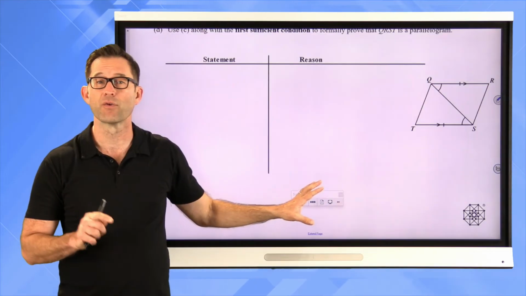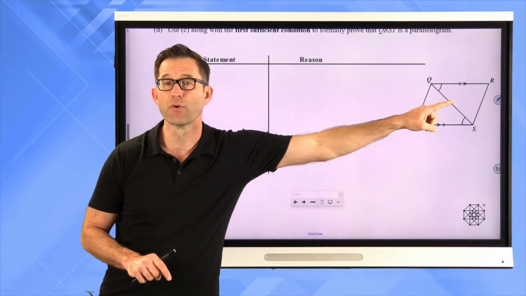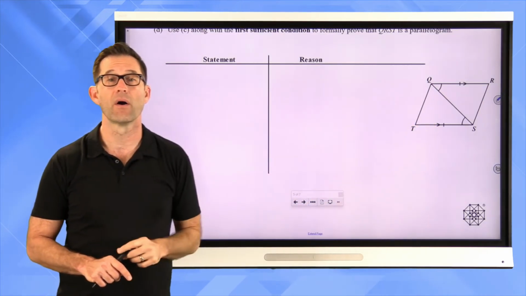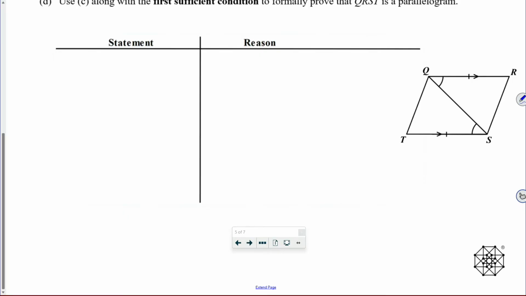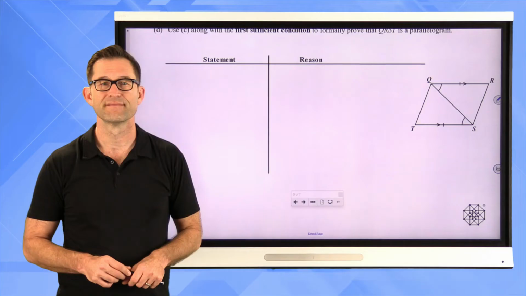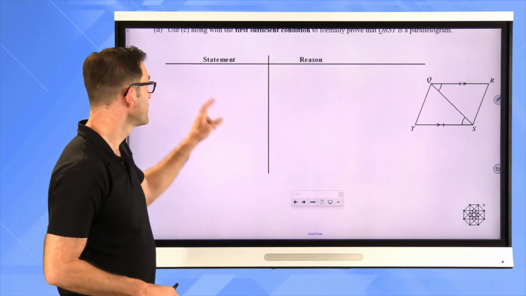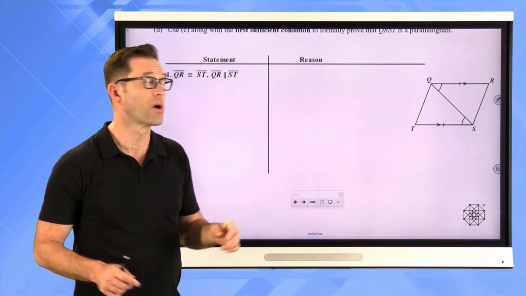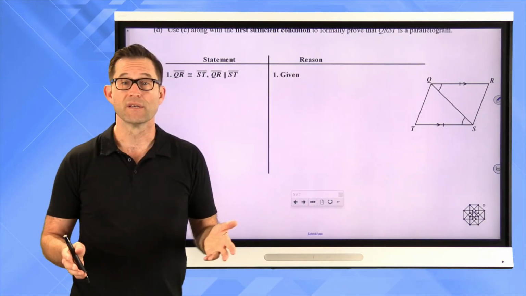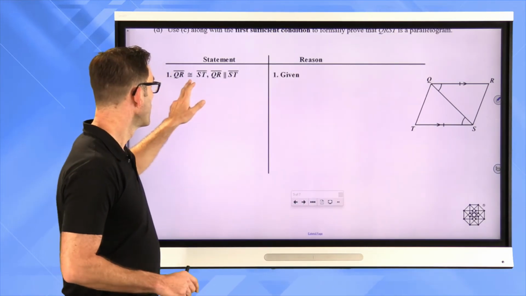Keep in mind that the first thing that you're really going to be doing is proving that this triangle and this triangle are congruent to one another. All right, let's take a look. So let's start with those givens, right? QR is congruent to ST and QR is parallel to ST. Simple enough, given, right?